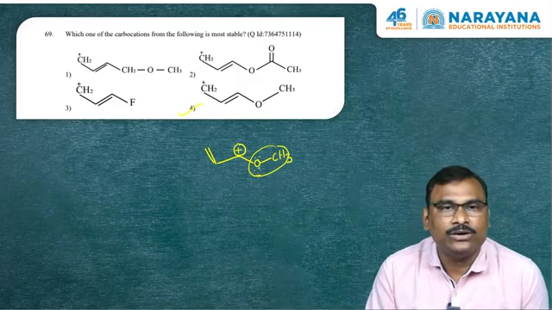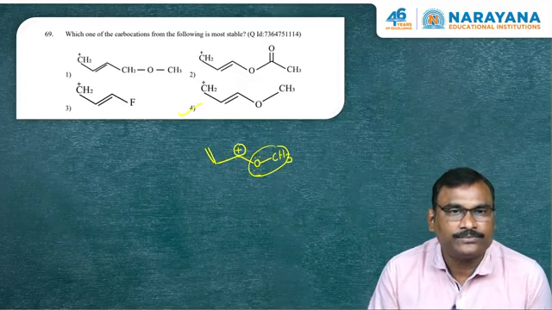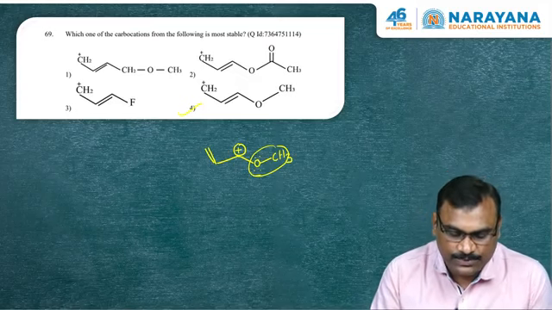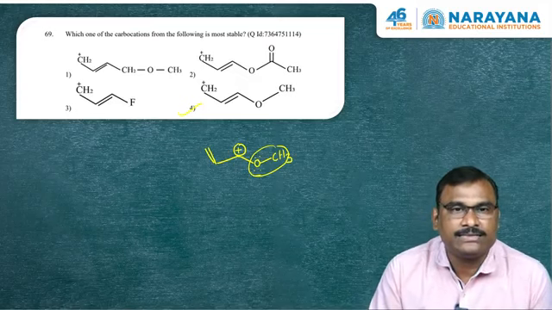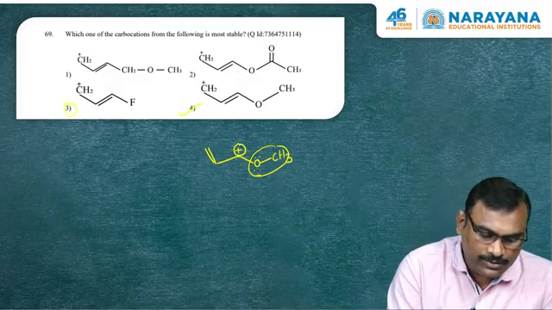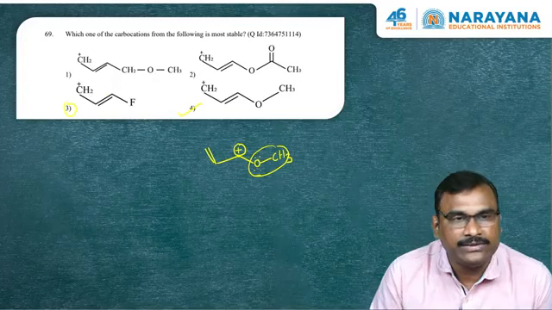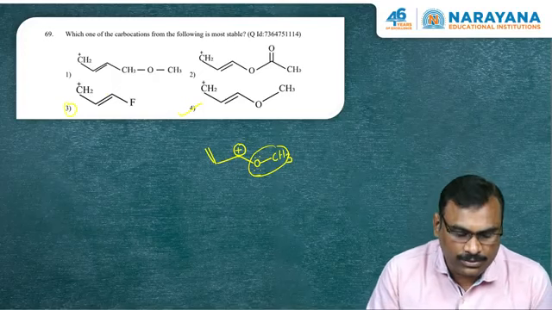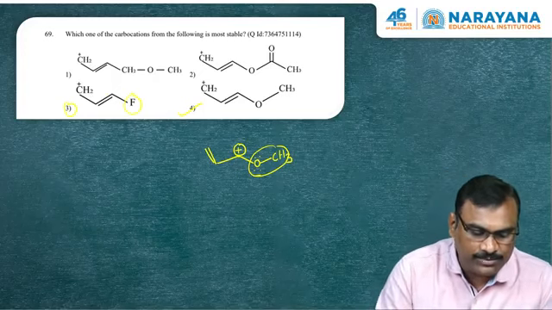And this is also stabilized by resonance. Resonance as well as plus M effect both stabilize the carbocation. But here in this third one, the carbocation is adjacent to a heteroatom with lone pair, it is not a strong plus M group.